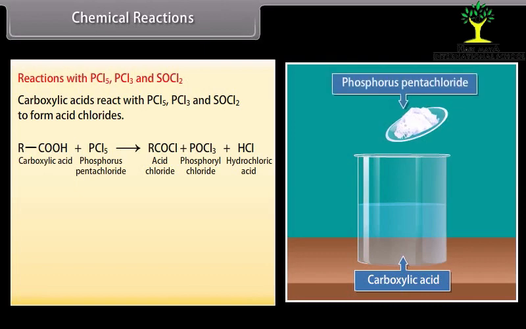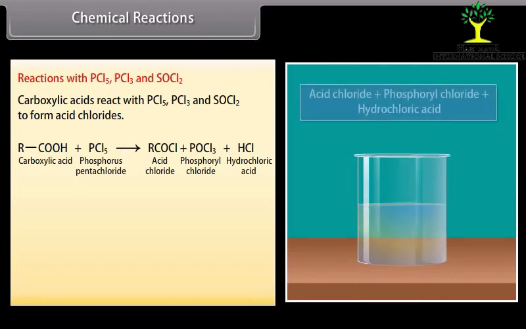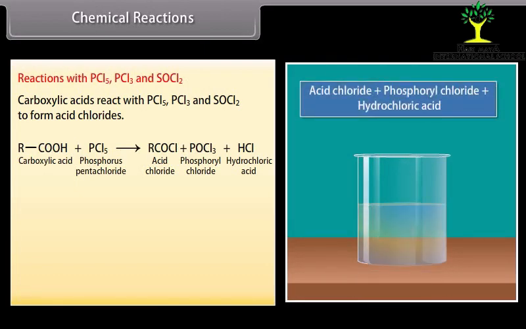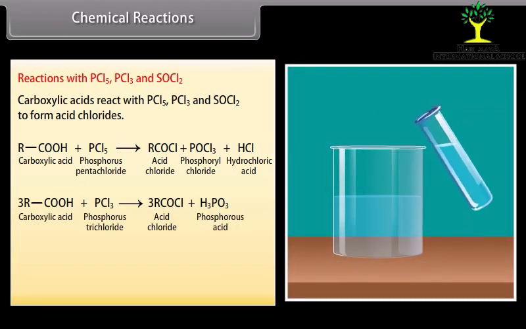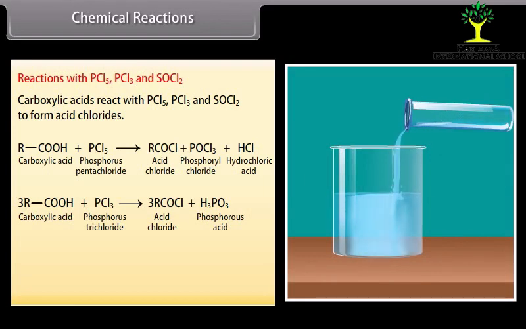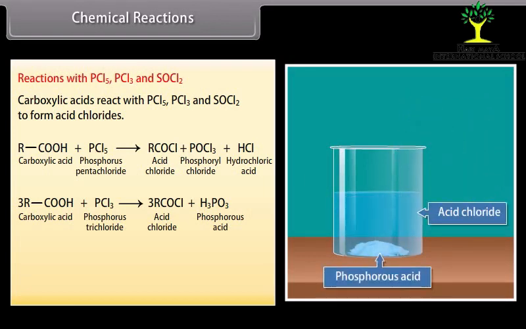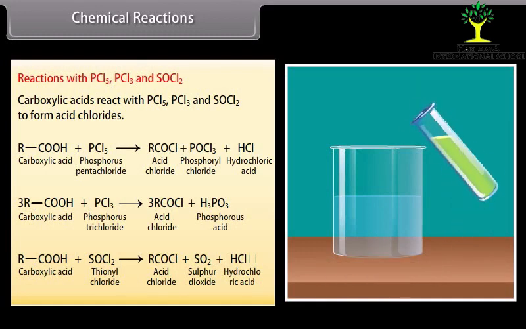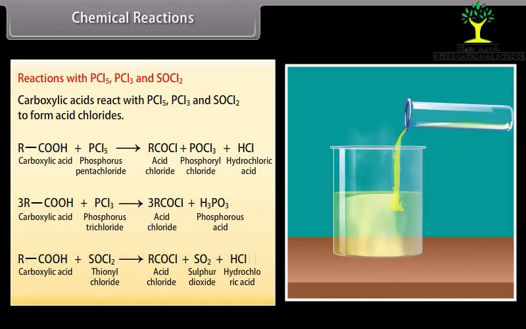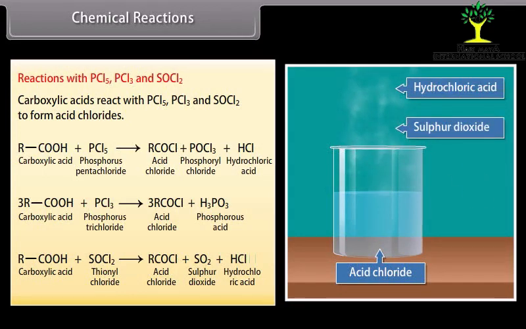With phosphorus pentachloride, they form acid chlorides, phosphoryl chloride, and hydrochloric acid. With phosphorus trichloride, they form acid chlorides and phosphorous acid. With thionyl chloride, they form acid chlorides, sulfur dioxide, and hydrochloric acid.